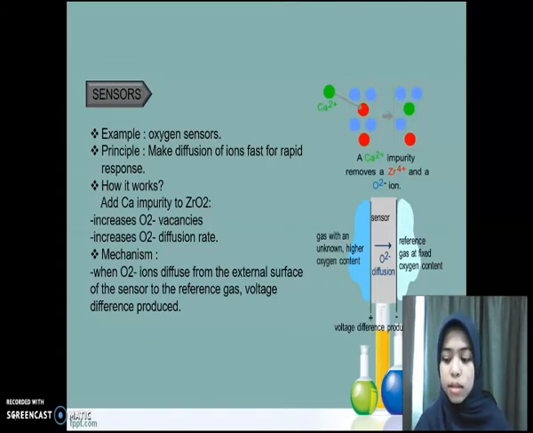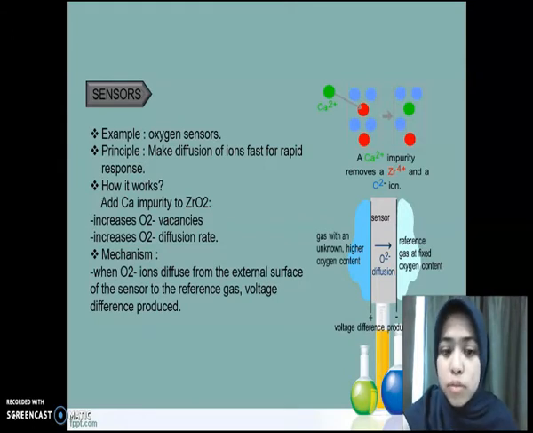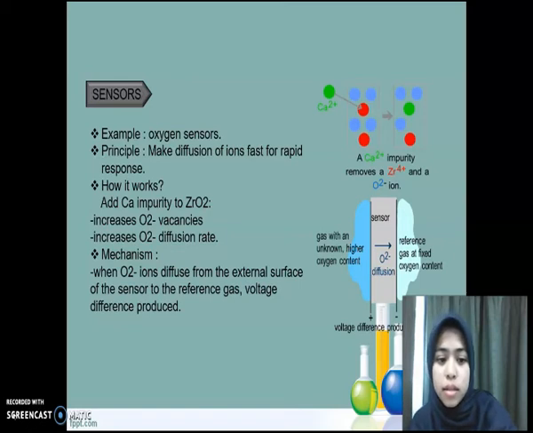The oxygen sensor will send data to the mainframe computer in the engine. The mechanism, from the diagram you can see, is that gas from outside will diffuse into the sensor. The external surface of the sensor is the reference to the reference gas. Then from there it will produce voltage that is sent to the management computer. So it will interpret it like that.